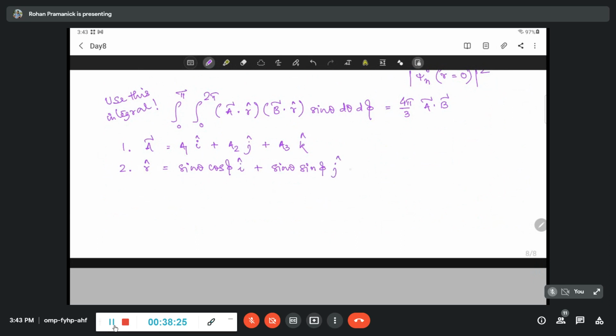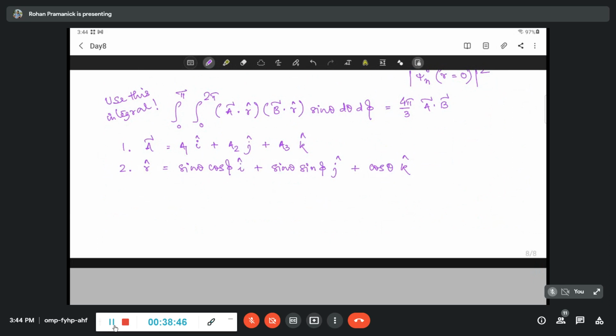Am I writing it correctly, or are cos and sine interchanged? Then you can find what a dot r and b dot r are, and then you can integrate this thing.